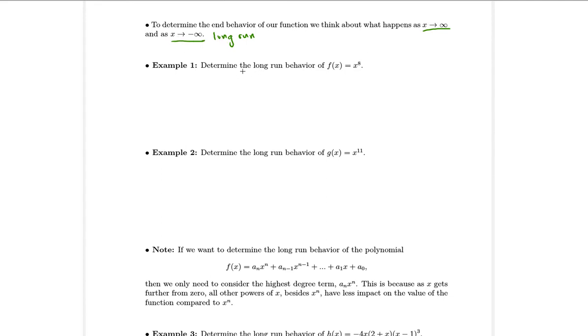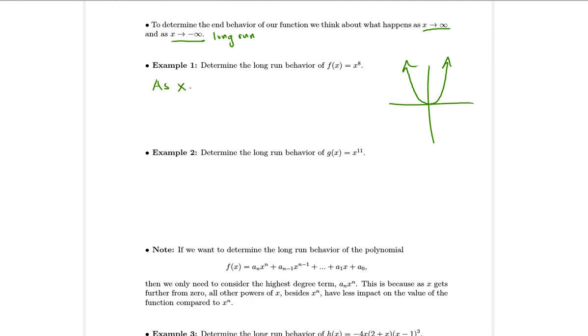All right, so when it says determine the long run behavior of y equals x to the 8th, I know that based on what we just talked about, since it's x to an even number, it basically looks like this. And so because I know it looks like this, here's the way I would state the long-run behavior.